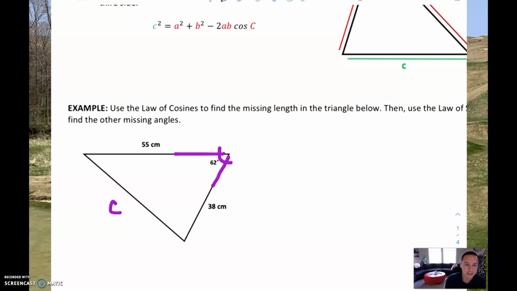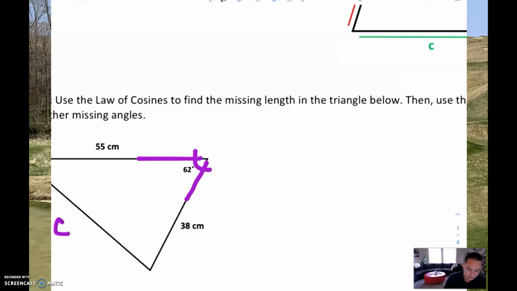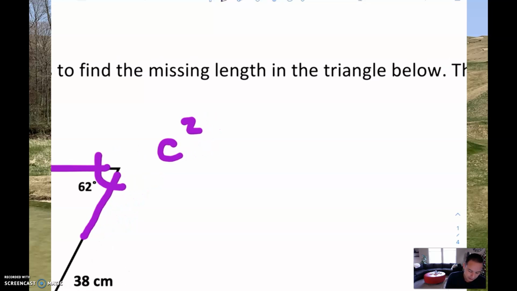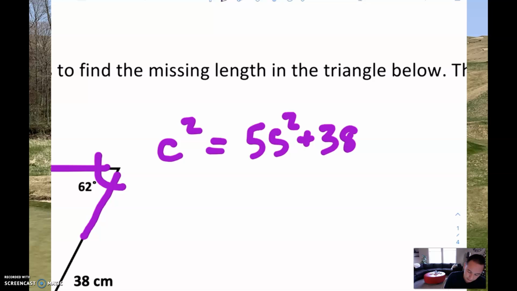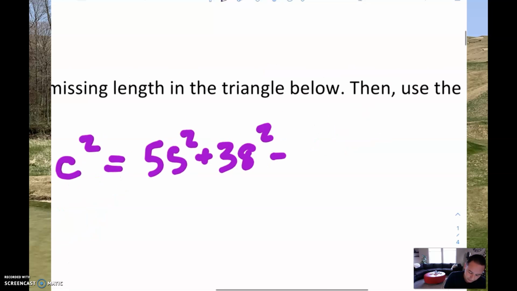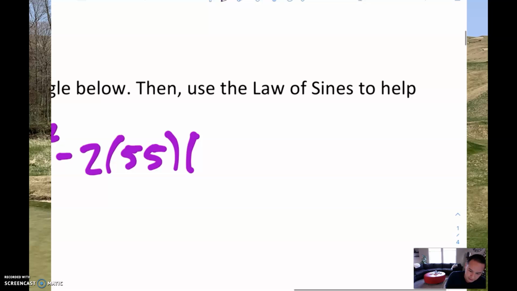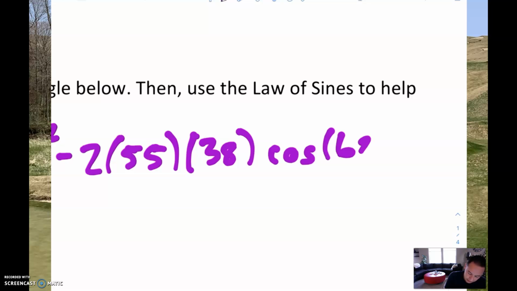So let's just go ahead and plug these numbers into the formula. We're going to have C squared. We don't know what C is, so we're just going to leave it as C. Equals 55 squared plus 38 squared minus 2 times your A, that's again 55, times your B, that's 38, and then times cosine of 62 degrees.